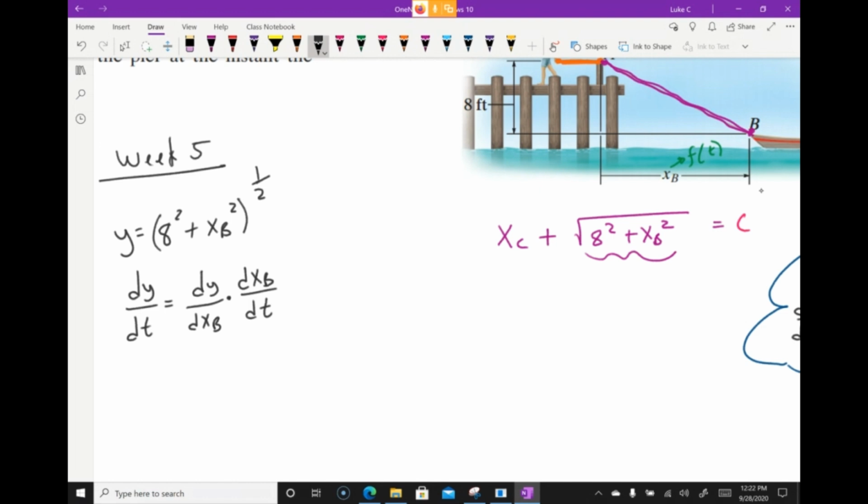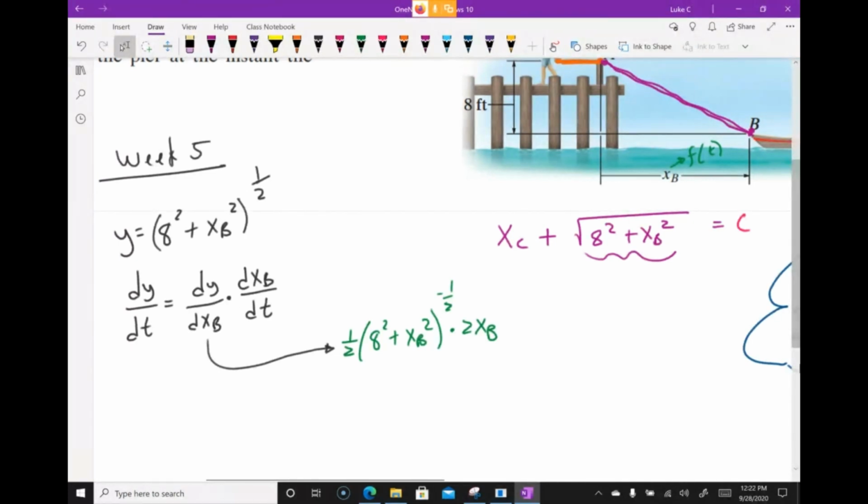So let's take this derivative, dy dxb. I want to make it green. So we have 1/2 times 8 squared plus xb squared to the minus 1/2. Then we times the derivative on the inside, 2xb. That's the derivative of that.